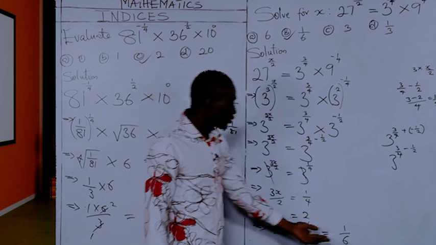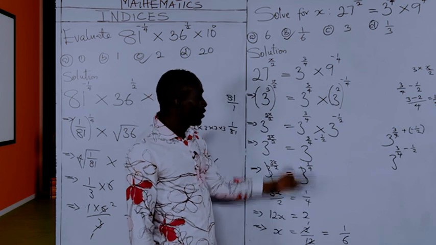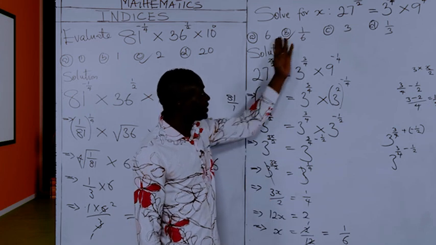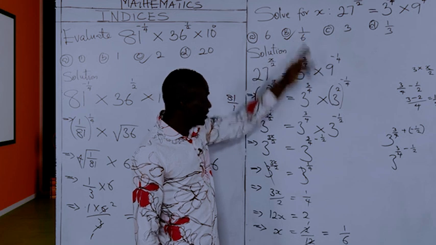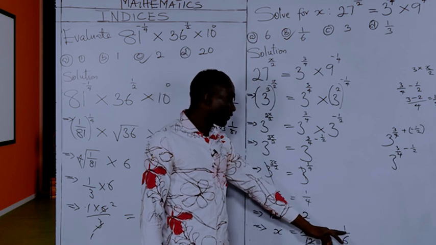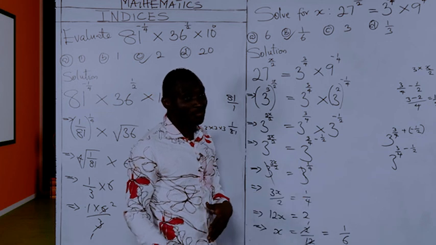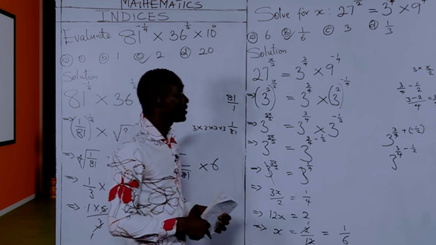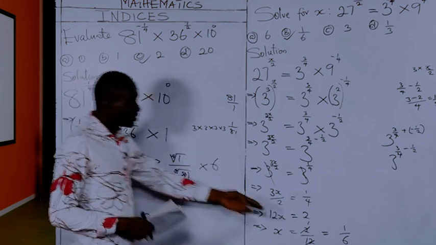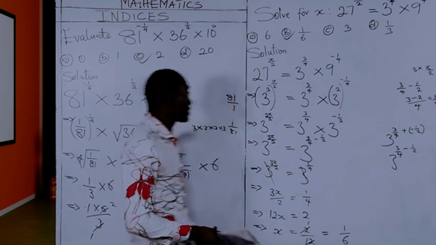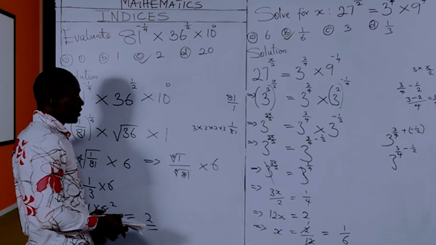You might be looking for 1 over 6 there. Just know that the equivalent of 1 over 6 is 0.16 because that is the decimal equivalent of that. This one is decimal and this is fraction. That is it, and you mark up your answer.